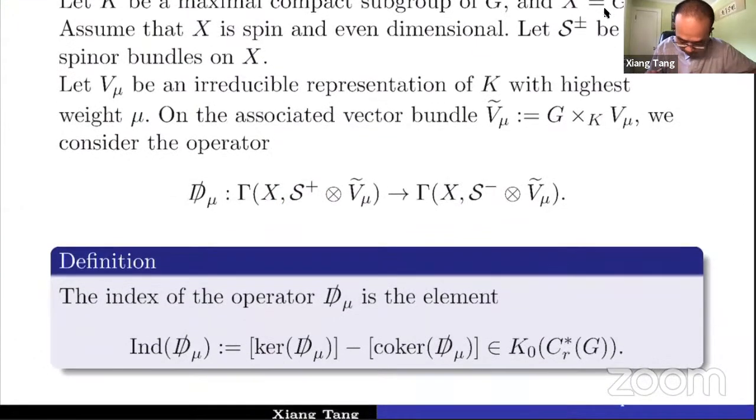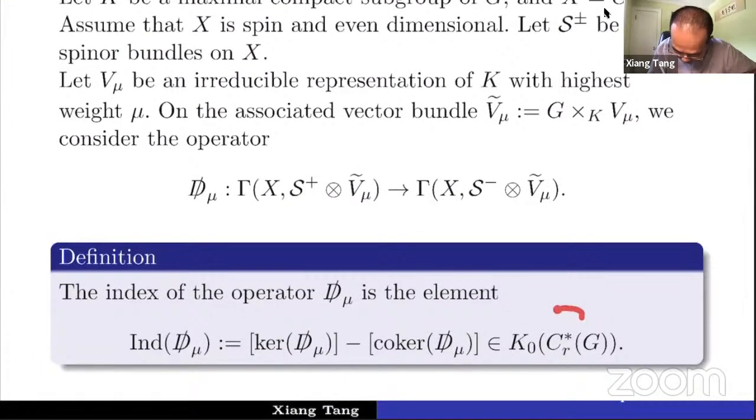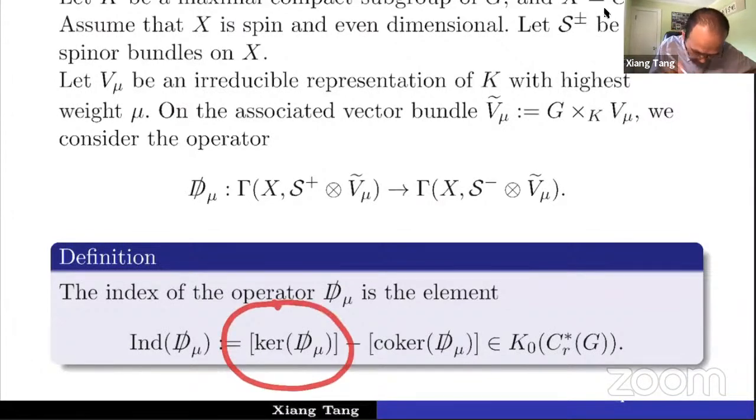And now we have the right language to talk about this index. So I will consider the index, the kernel of this D mu and also the cokernels. You can make them precise as the K-theory of the C-star algebra. So what is this element? Let me talk about this quickly in simple terms. We have this algebra, and finitely generated projective modules. That is the object this kernel will define.